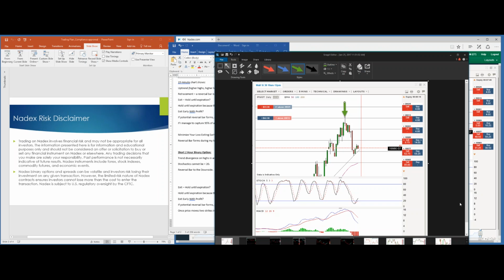This is the way my trade played out. Look at my stochastics. It was doing what it needed to do. This bar did exactly what it needed to do. I can now rate myself. Did I do like I was supposed to do? Yes, I did. I get a check mark for the day. I obeyed my rules. I did my job. Even if it went against me, I did my job.